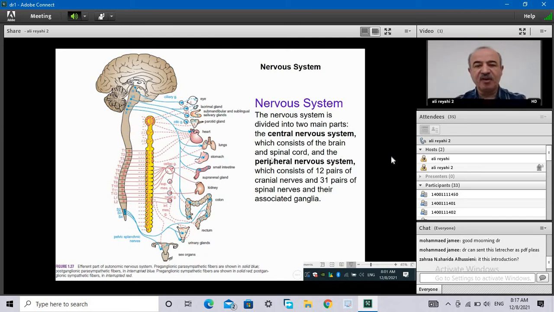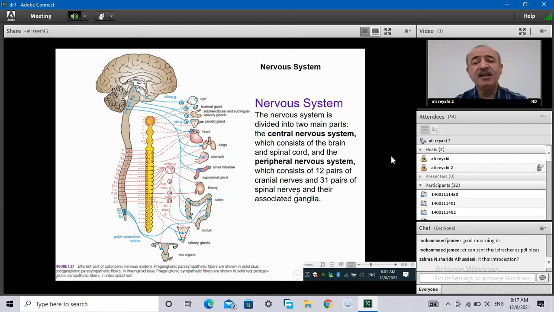There is another part of the nervous system. It's called the peripheral nervous system. The peripheral nervous system indicates the nerves, cranial nerves and spinal nerves.